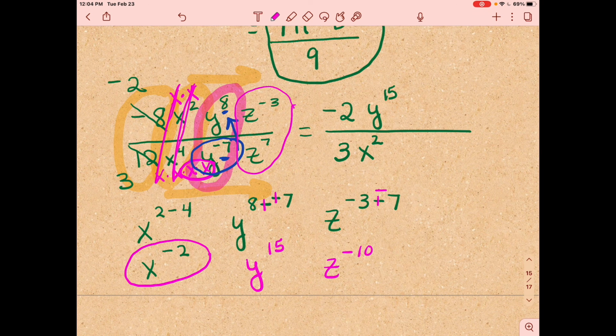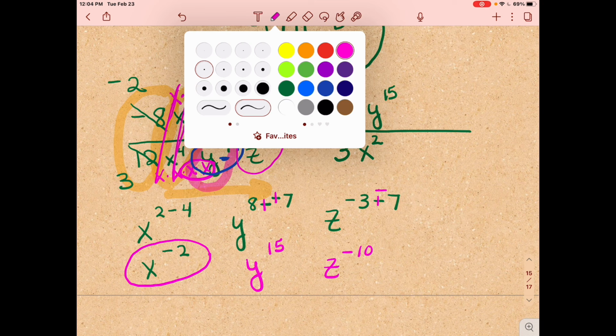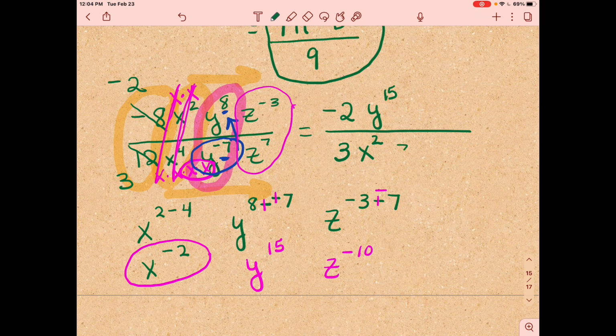Okay, z to the negative 10 means that I want to put my z to the 10 on the bottom. Does that make sense? Let's see. Here, I had z to the negative 3, which means I had 3 z's living upstairs that were very unhappy. They wanted to go downstairs and live with these other 7 z's that were quite happy, and that's why now I have 10 of them down below.